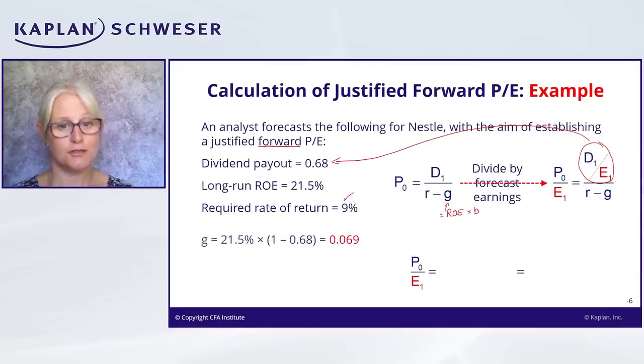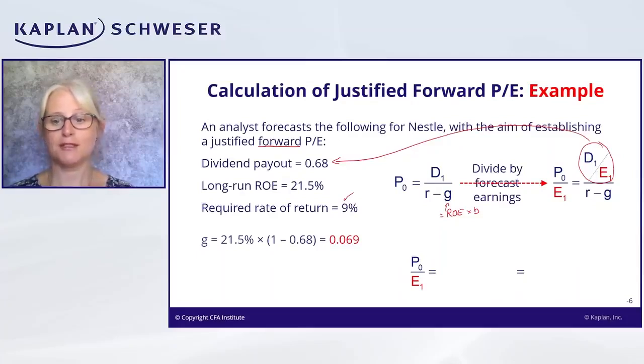So the growth, we take our long run return on equity and the average dividend payout, 1 minus the payout, not the payout, the retention rate. Okay, so don't do what I did there. Always just double check. Remember, growth comes from retaining profits and from generating a return on those profits. So sustainable growth rate, 6.9%.